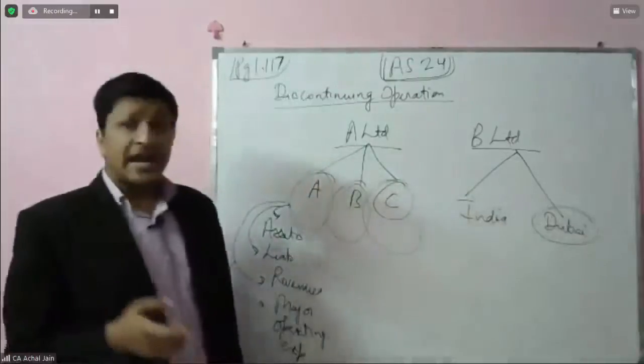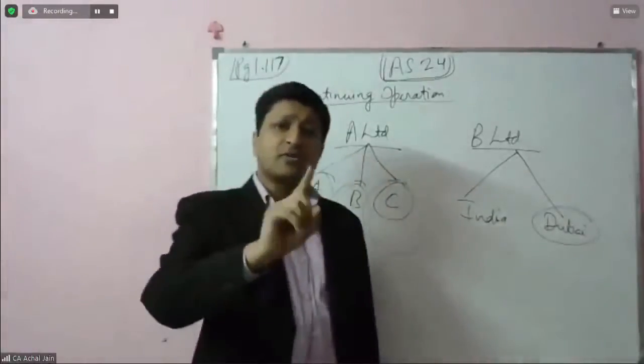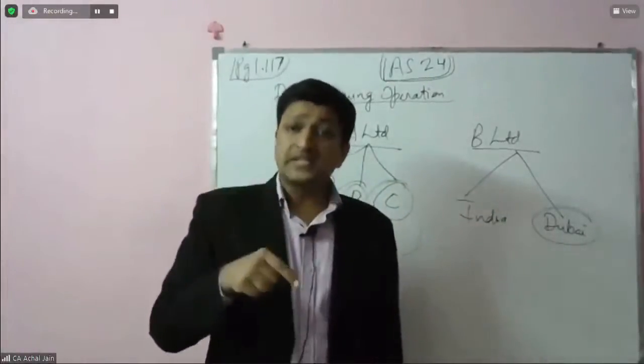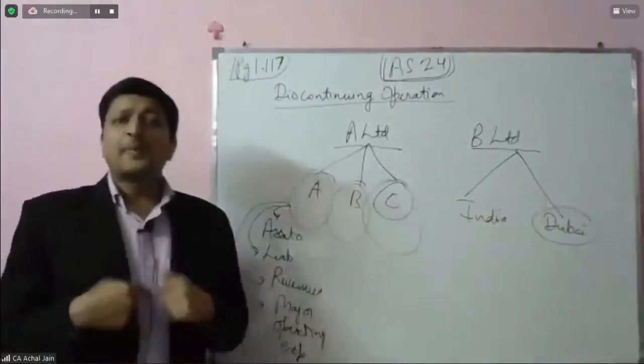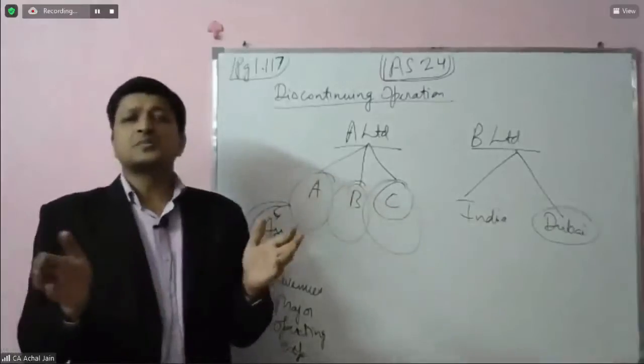Why? Because the entity is only planning to sell. It's not yet sold off. Please remember, we are talking about something which is planning to be sold, planning to be disposed of. It's not yet disposed of.